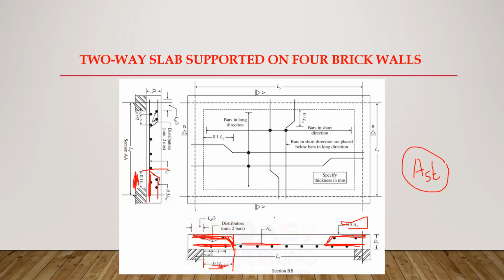First, the bars in the shorter direction are kept at the bottom, and the bars in the longer direction are kept at the top of those short direction bars and tied properly. 50% of the reinforcement should extend into the supports, and another 50% of the reinforcement should extend to at least 0.1 times Ly or 0.1 times Lx, depending on the side of the slab, whether we have taken the shorter side or the longer side. So this is about the detailing of two-way slabs supported on 4 brick walls.